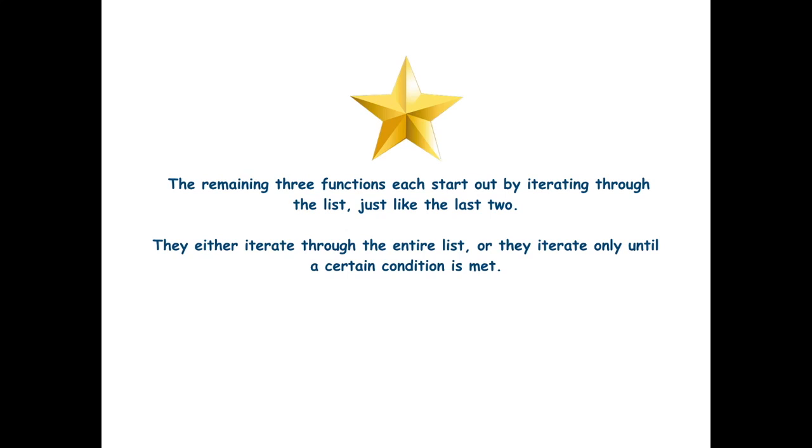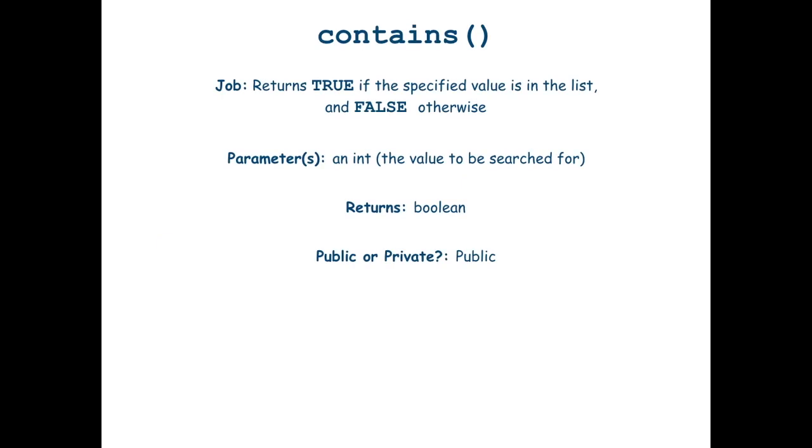Now these last three functions we won't illustrate, because the way they work is very similar to how find and remove work. They all involve iterating through the list one by one. Since we've already seen that twice, we're not going to go through that again. I'm just going to explain in depth what these methods do. The first one being the contains method.